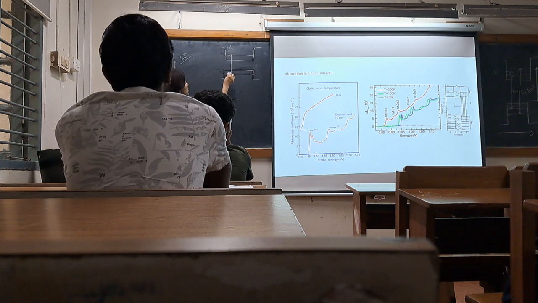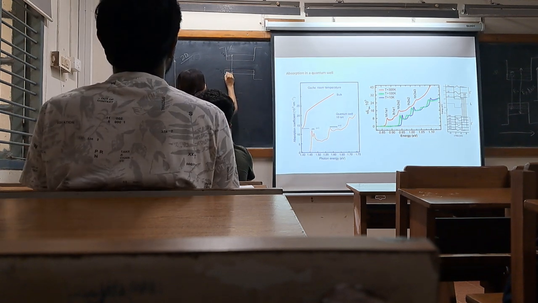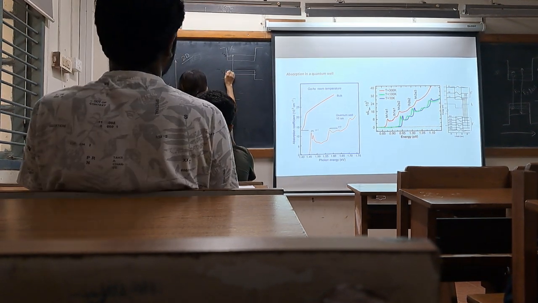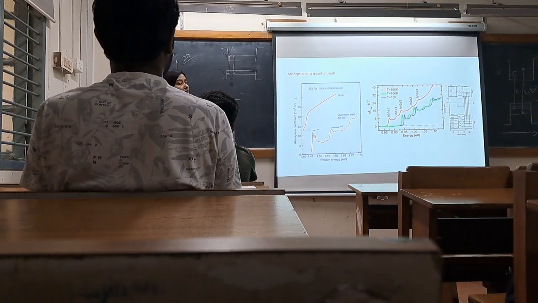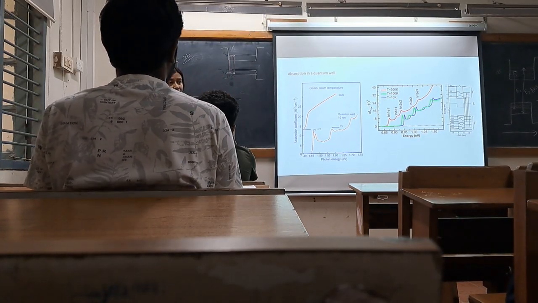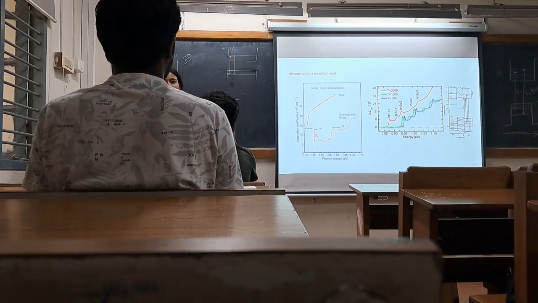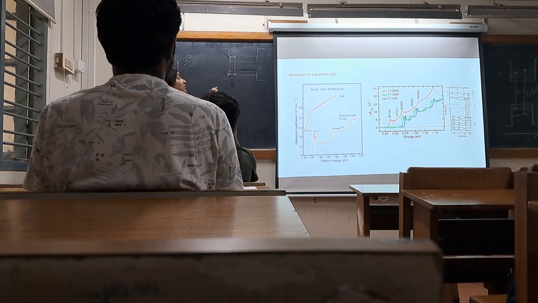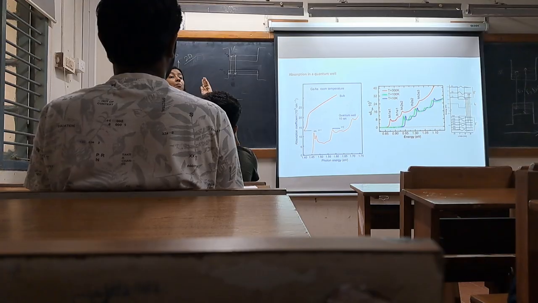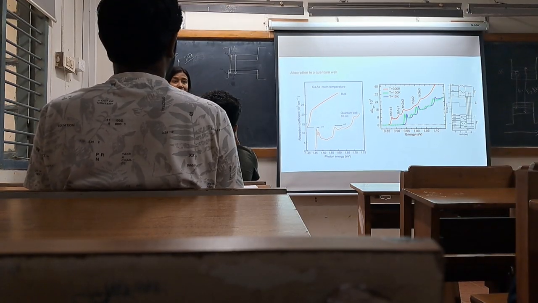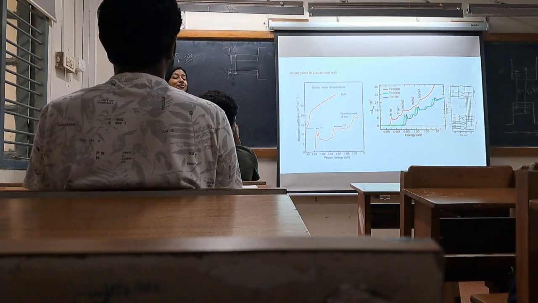So now, instead of having this transition, it will also have this one. It will go here. It can. And that shift, the difference in the length of this arrow, is nothing but the binding energy of the exciton. Just like the binding energy of hydrogen.